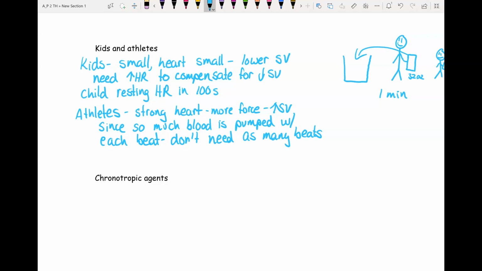So an athlete's resting heart rate can be about 40 to 50.